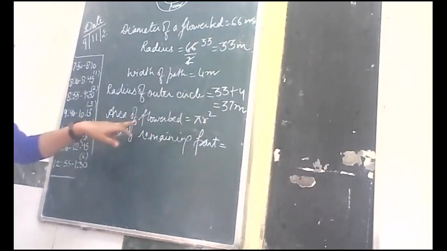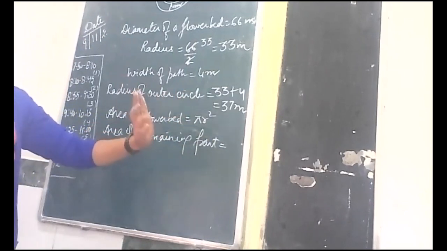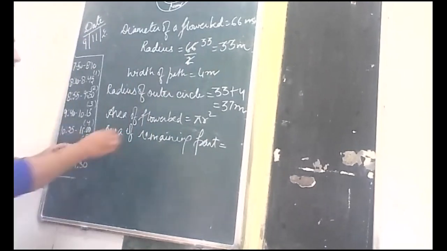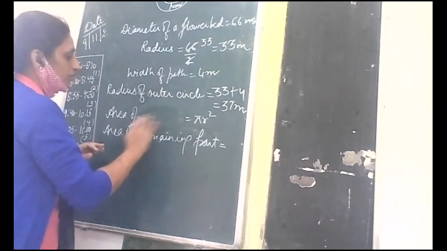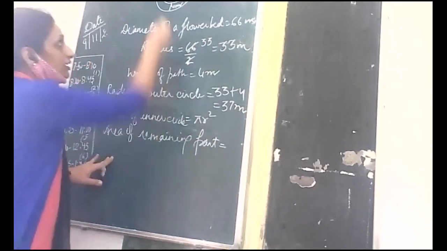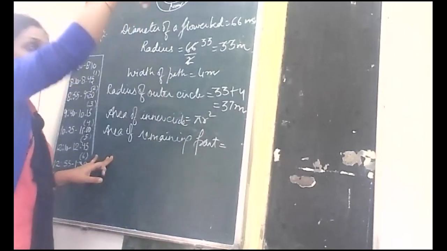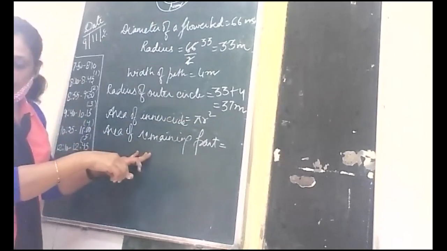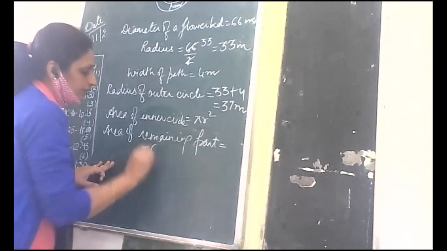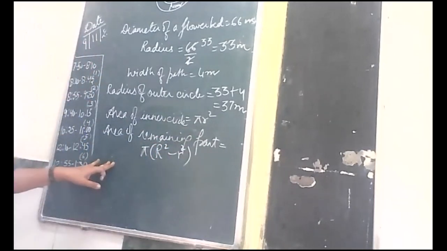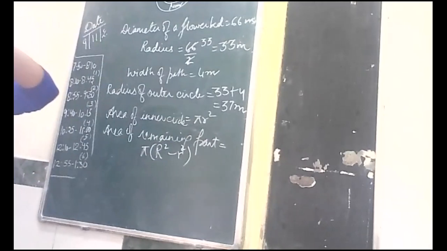The flower bed is the inner circle and the outer circle is 37 meters. So the remaining part will become pi R square minus r square. Outer minus inner. When two circles are given, always subtract like that.